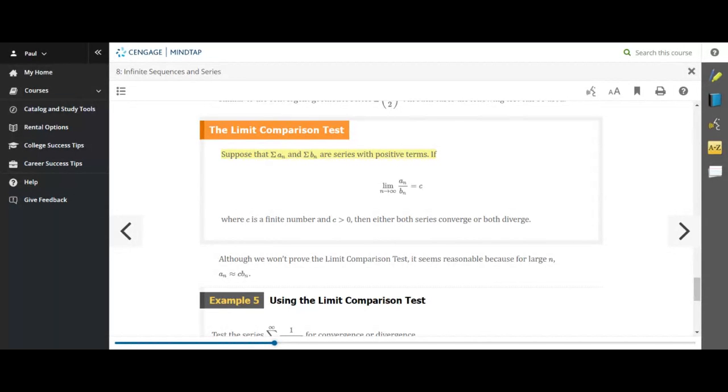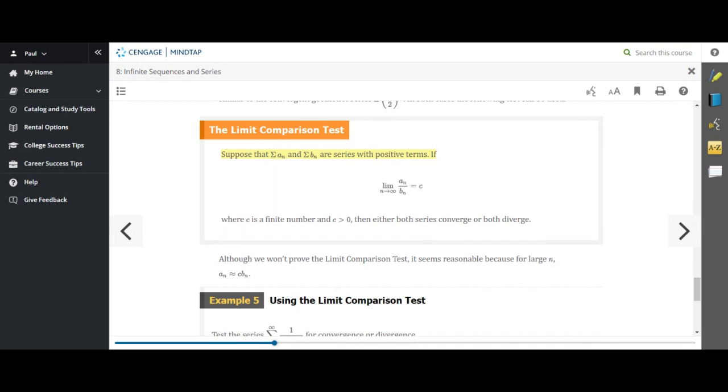The limit comparison test says that suppose you have two series with positive terms, and you take the ratio of the terms, a sub n over b sub n, and let n go to infinity. If the limit equals a constant c, some finite positive number, then both series will either converge or diverge.